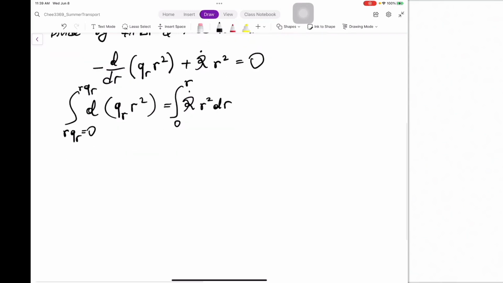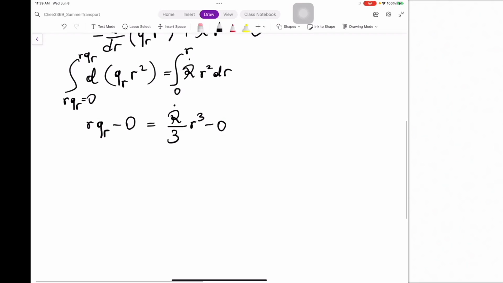Okay, and you would find out that r QR minus 0 is equal to the integral of r squared dr, which is r cubed over 3, so fancy R dot over 3 r cubed minus 0, because r is 0. So you found out that QR comes out to be fancy R dot over 3 r squared, because one of the r's cancel.